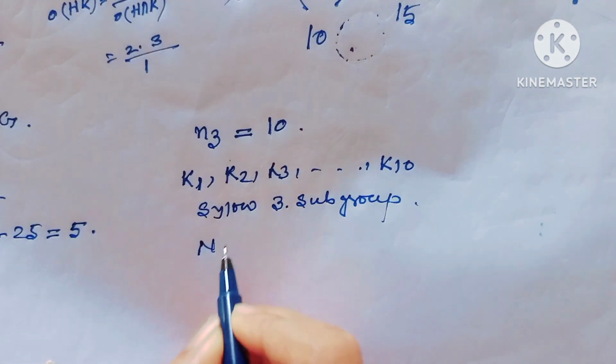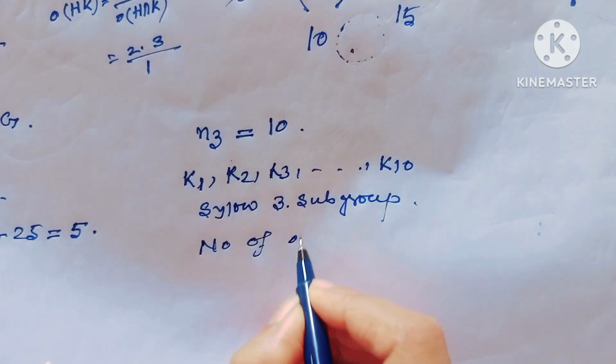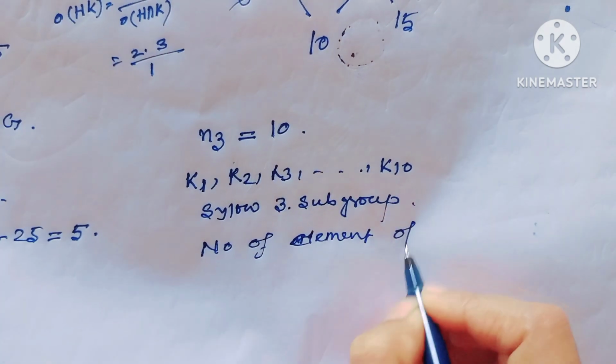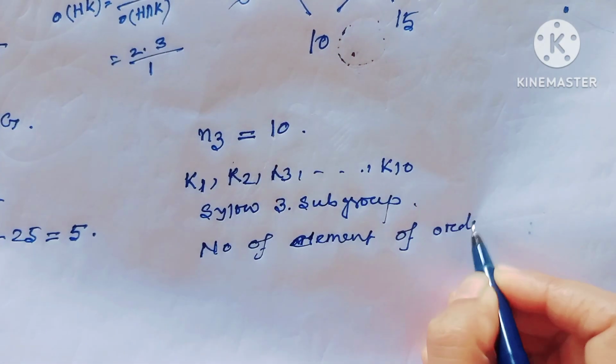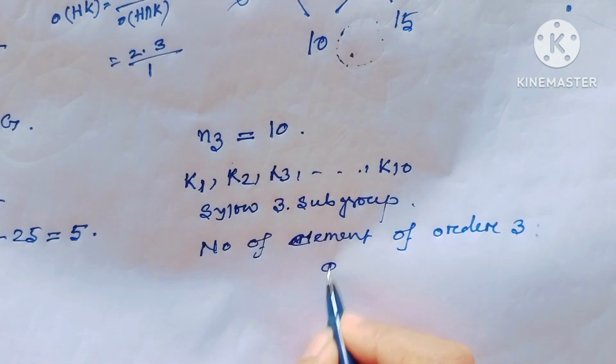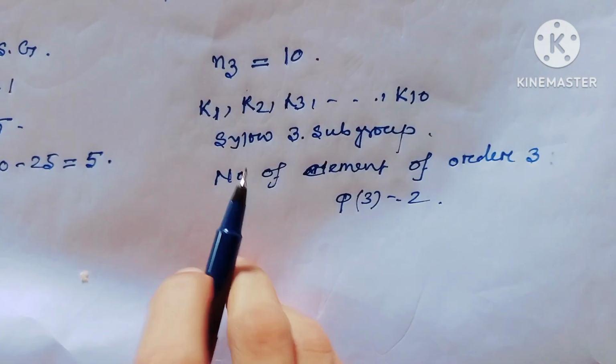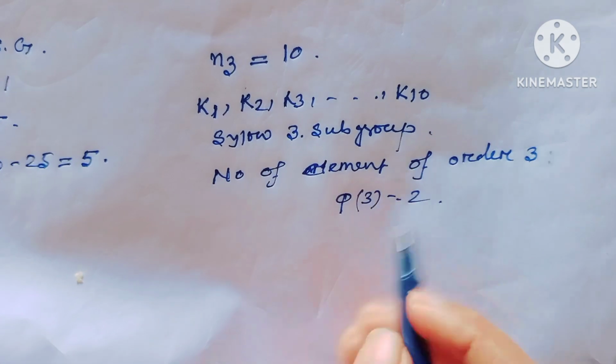So the number of elements of order 3 in each subgroup would be 3 minus 1, which is equal to 2. Since here 10 subgroups exist, in each subgroup 2 non-identity elements exist.